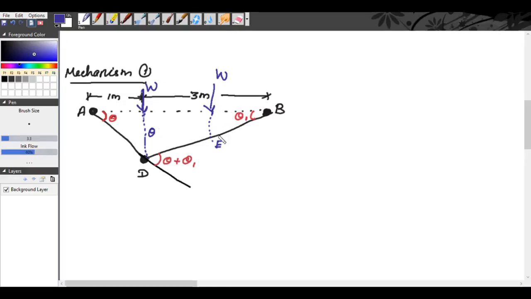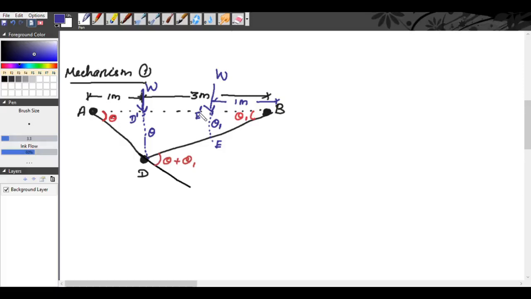Now what is this distance? See, in total it is 3 meters and this is 1 meter. So this distance is 1 into theta 1, so this is theta 1. Now let us take a relationship between theta and theta 1. We will take these two triangles. Let us take this point as D dash and this point as E dash.